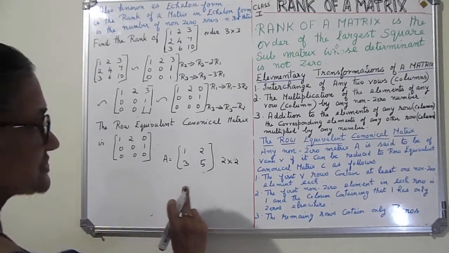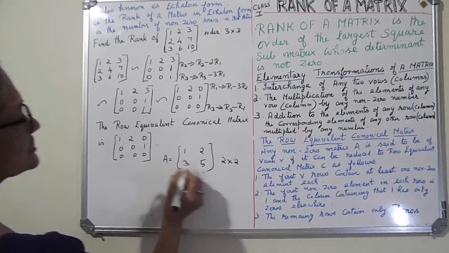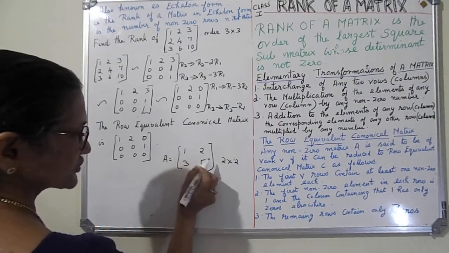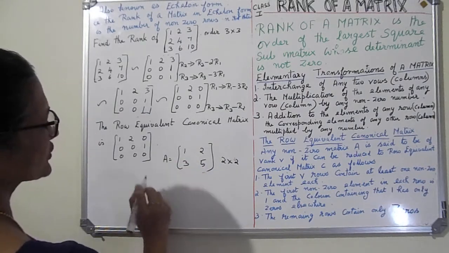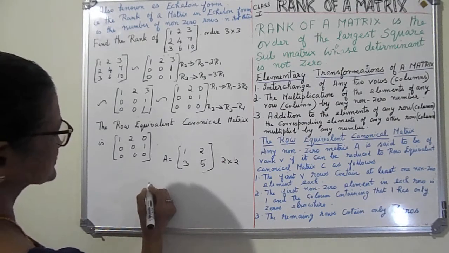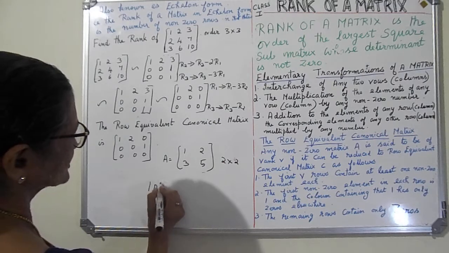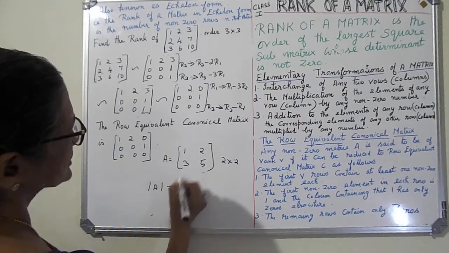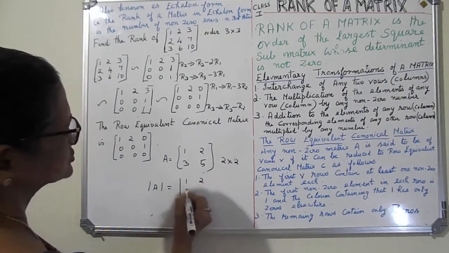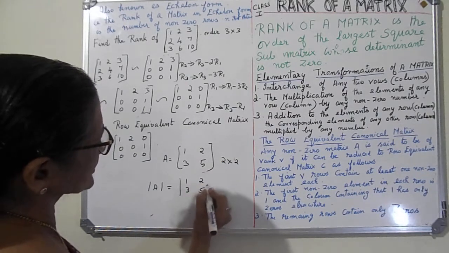Now, what is a determinant? The value computed from the elements of a square matrix is called its determinant. Let us see the determinant of the matrix A. Determinant of A is equal to the determinant of 1, 2, 3, 5.